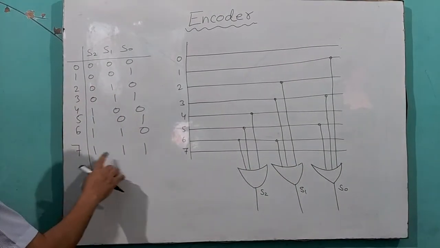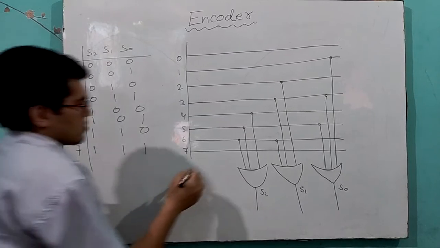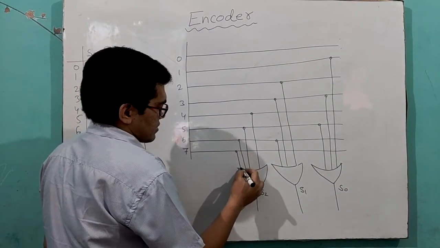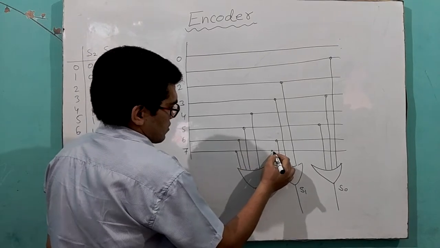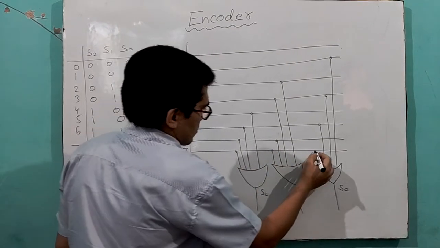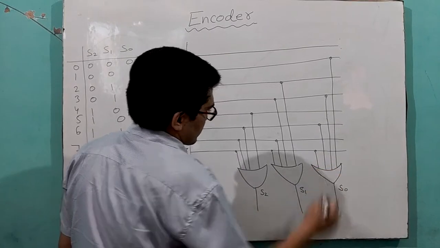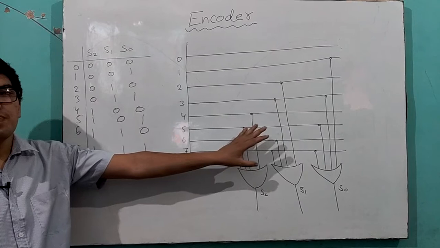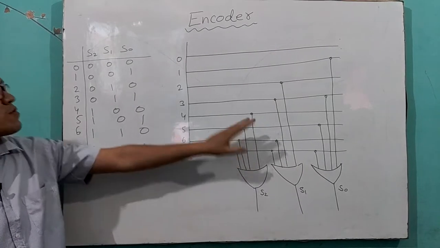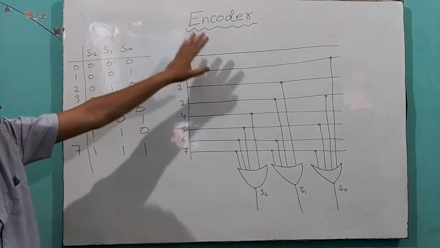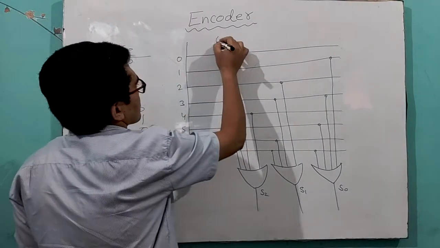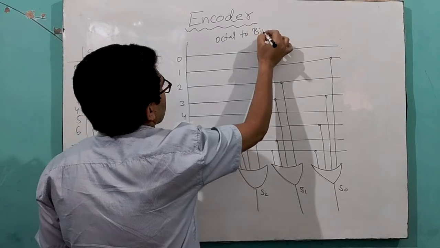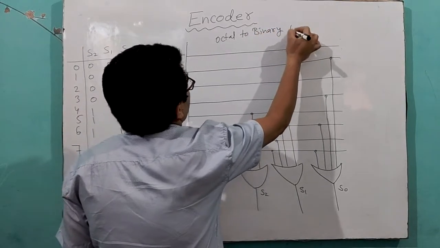Last one is 7, 1 1 1. So connect this one, connect this one. Okay, so 7 we have to connect with all the gates. So this is the simple diagram of an octal to binary encoder.